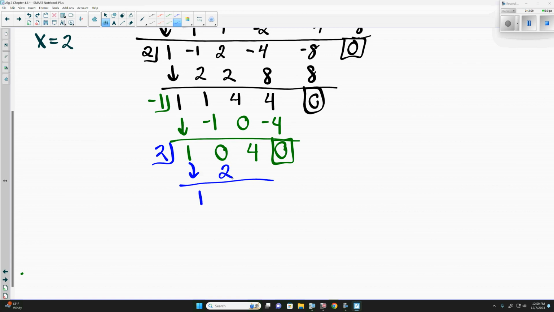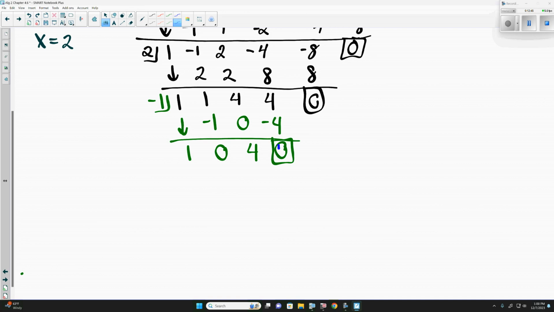We could try 2. 2 times 1 is 2. 0 plus 2 is 2. 2 times 2 is 4. And 4 plus 4 is 8. So that's not a solution. And it seems like maybe -2 would work. 1 times -2 is -2. 0 plus -2 is -2. And -2 times -2 is 4. Also gives us 8. But -2 is not listed to begin with, so it's not going to be one now.